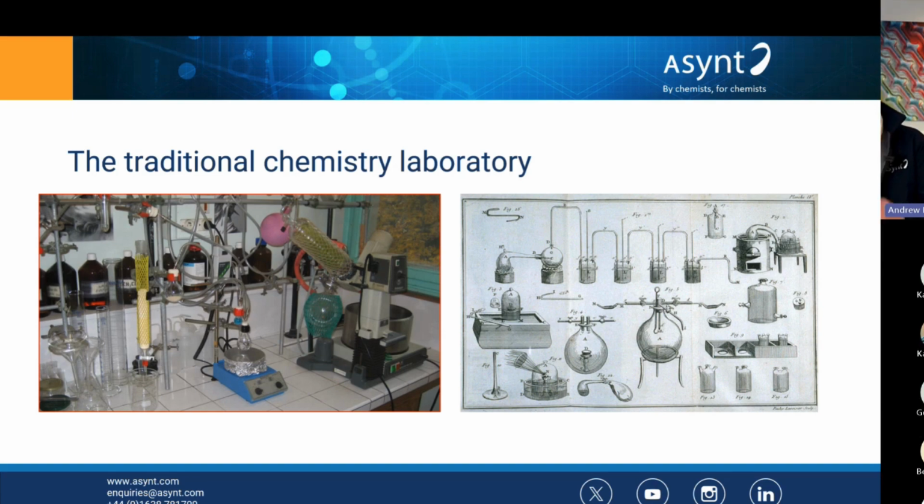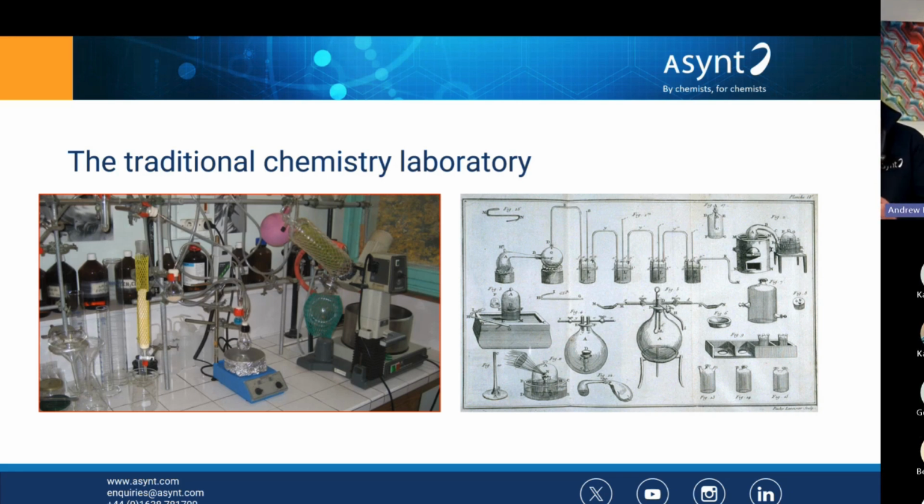And if you transpose that to the inside of a modern chemistry fume hood, you can see all of those tools are roughly the same, with a few tweaks. We've got waterless condensers now, for example, and we've got oilless baths. We've adapted these things to make them more sustainable. But the tools are the same.